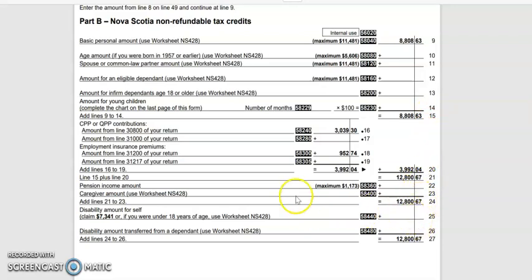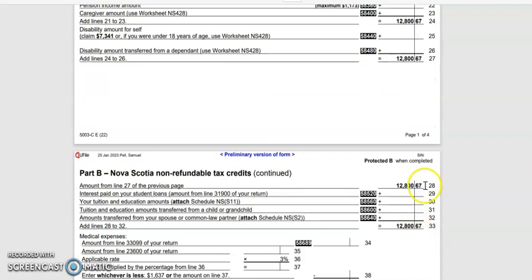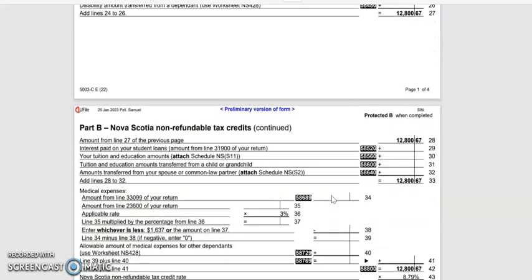$12,867. There's nothing here that falls into our realm, so we don't have pension income, we don't have a caregiver amount, we don't have a disability amount, so we again carry forward the $12,867. Carry that down to the next page. You don't have tuition, you don't have education amounts, you don't have interest paid on student loans.